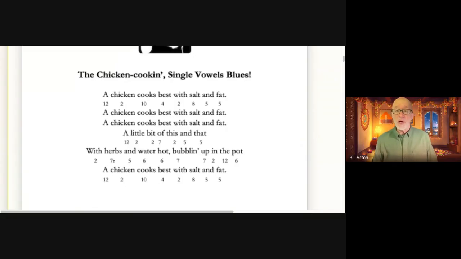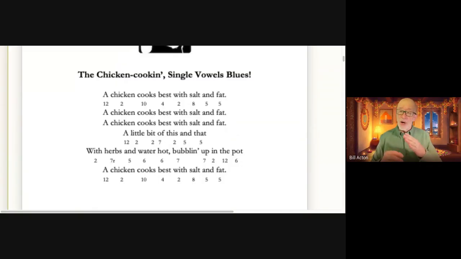So do 12, then 2, then 10, then 4, then 2, then 8, then 5, then 5. Then go down to do that. We'll do that same one more time: 12, 2, 10, 4, 2, 8, 5, 5.